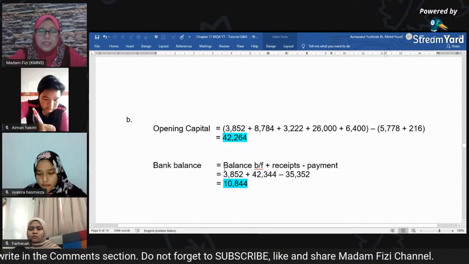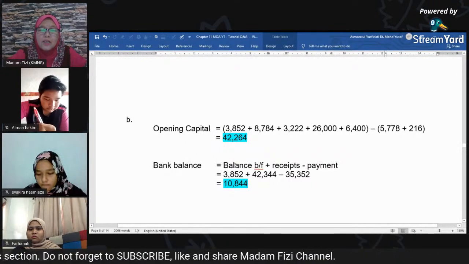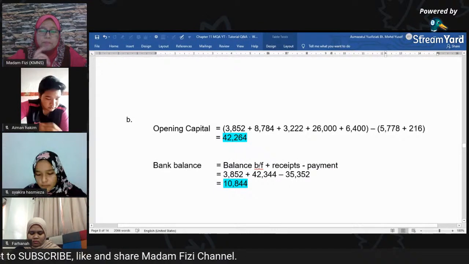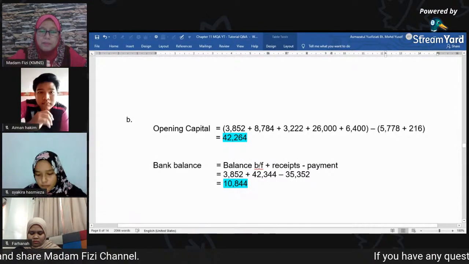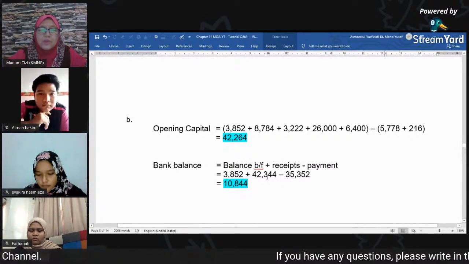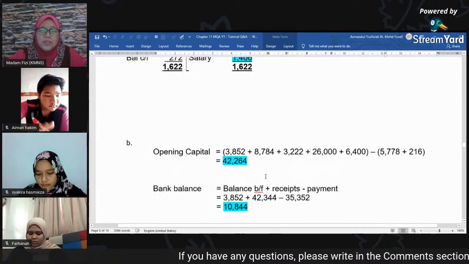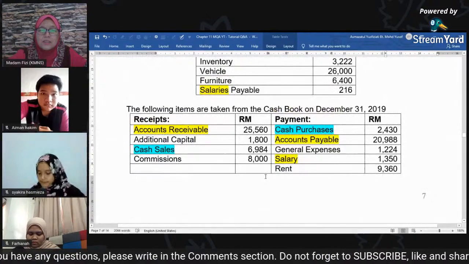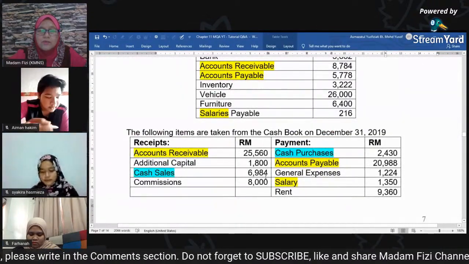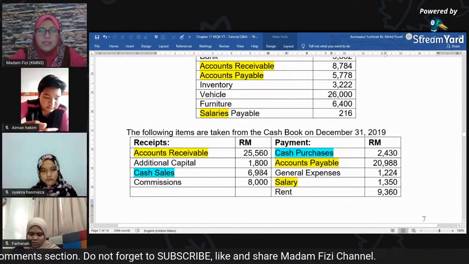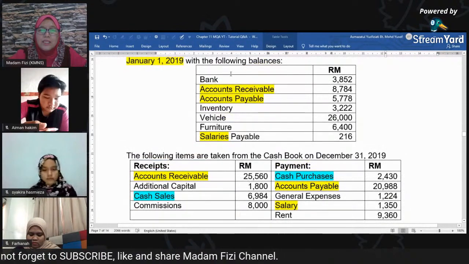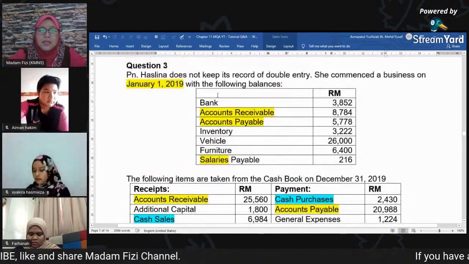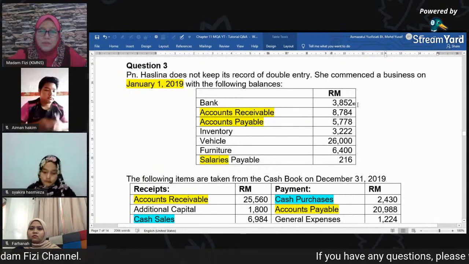Okay, and now for the bank balance. The bank balance equals balance brought forward plus receipt minus payment. So we take a look at the question again. You have to calculate by yourself. The bank balance has given here 3,852.